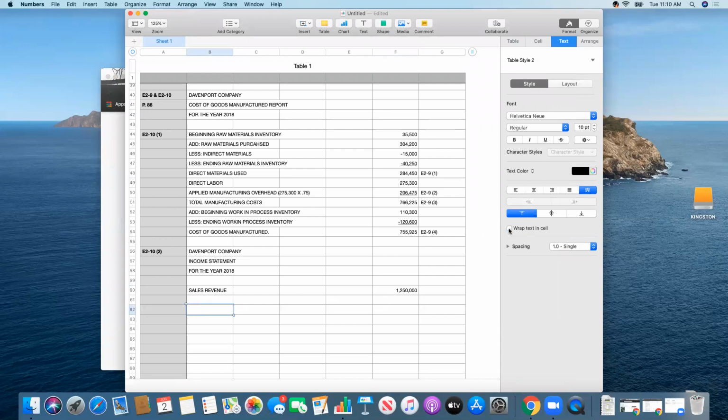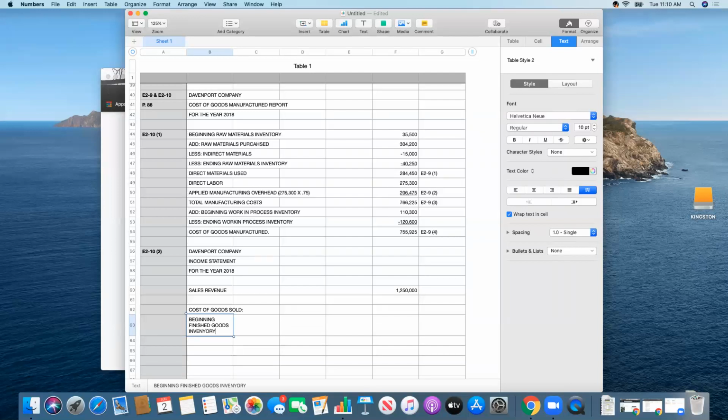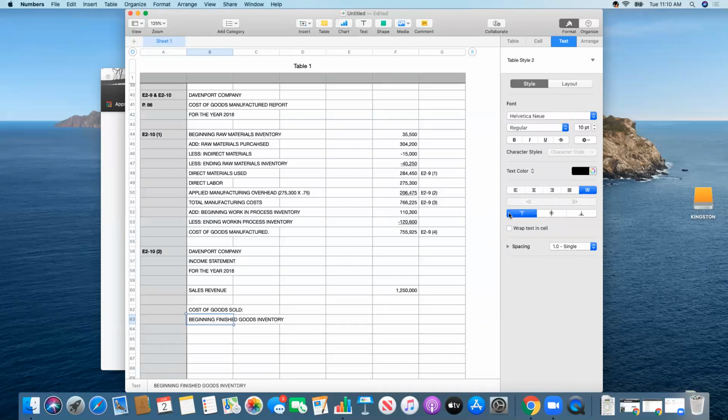Cost of goods sold. So cost of goods sold is calculated. We're going to take the beginning finished goods inventory.